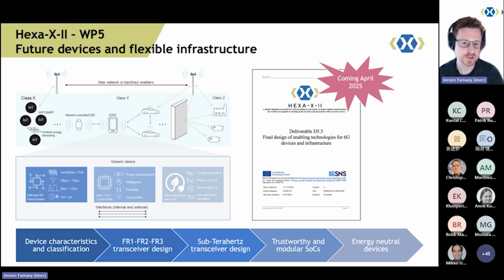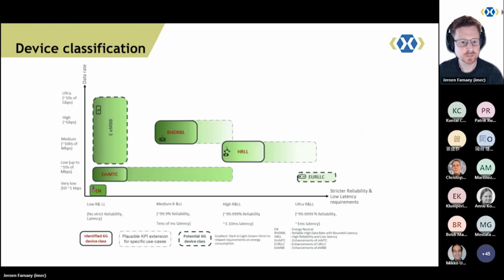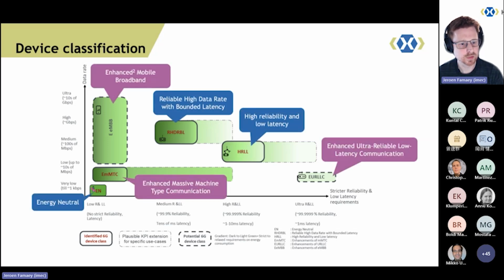We are now finalizing our last deliverable, which is deliverable 5.5, and will be publicly released very soon in April this year. And here you can see the final classification of devices that we performed. And as you can see, we have both an enhancement or evolution of existing 5G device classes, which are shown in purple color.